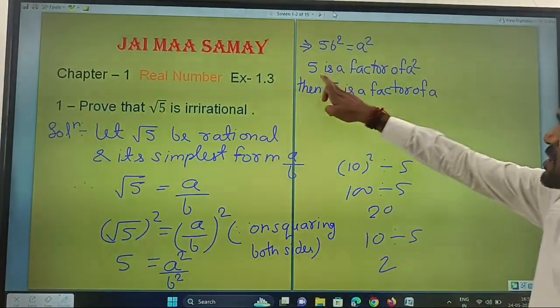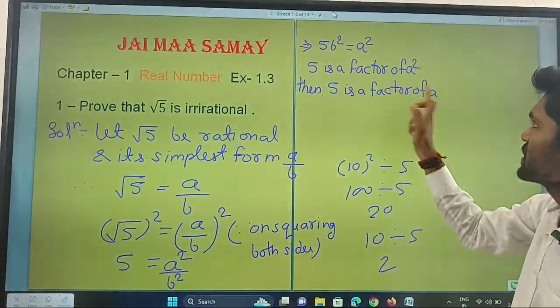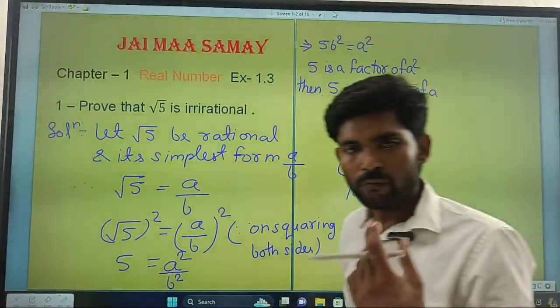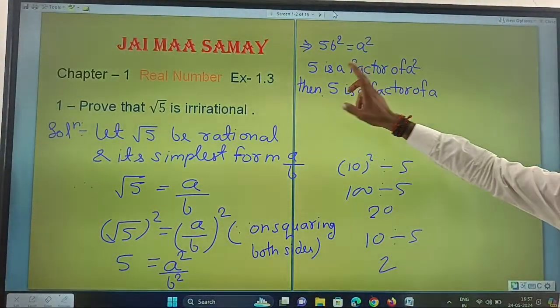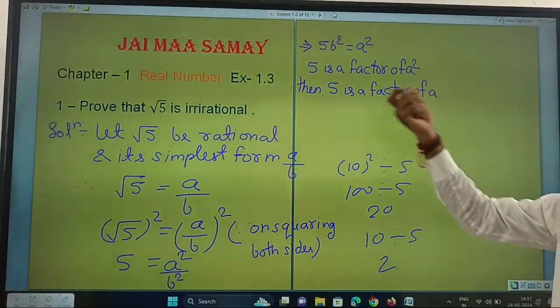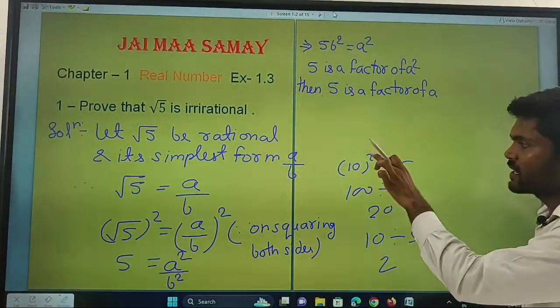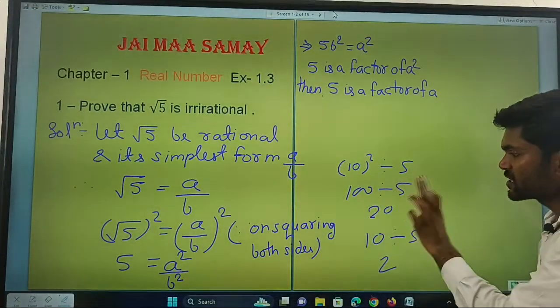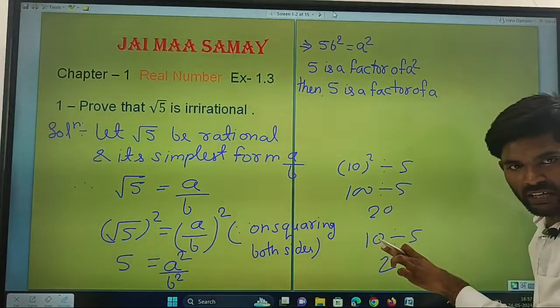If A square is divisible by 5, factor means divisor, then 5 is also a factor of A. If 5 is a factor of A square, then it is also a factor of A. Here is an example: A means 10, 10 square is 100. Is 100 divisible by 5 or not? 20 times. That's why A means 10.